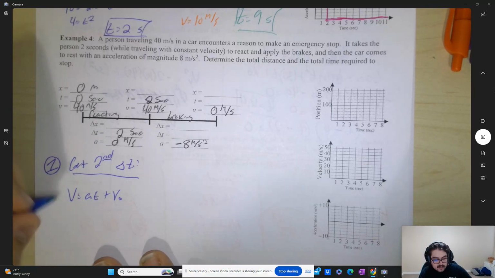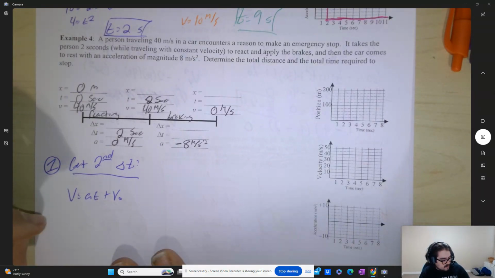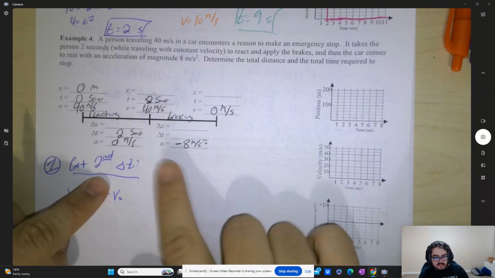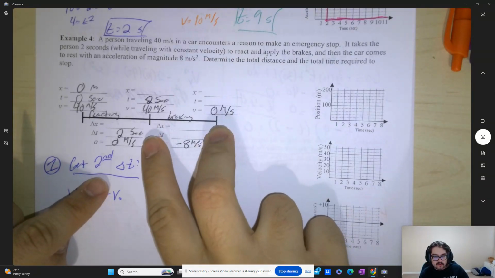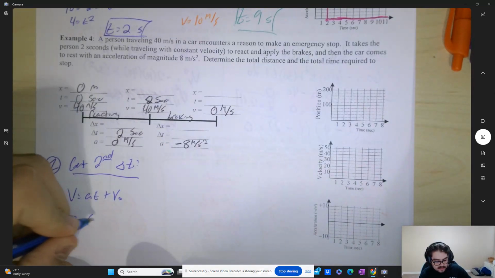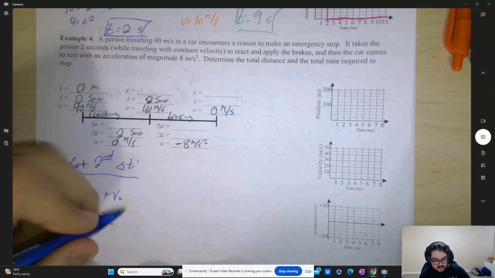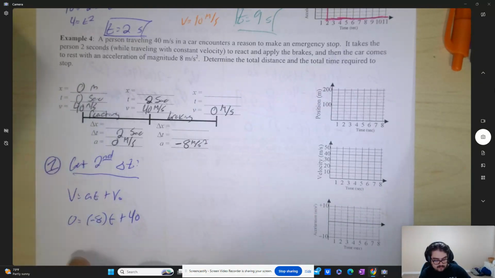Our final velocity, we're doing the second delta t, so just this segment right here. Our final velocity should be 0. The acceleration should be negative 8 t, and then plus the v naught, which is 40.